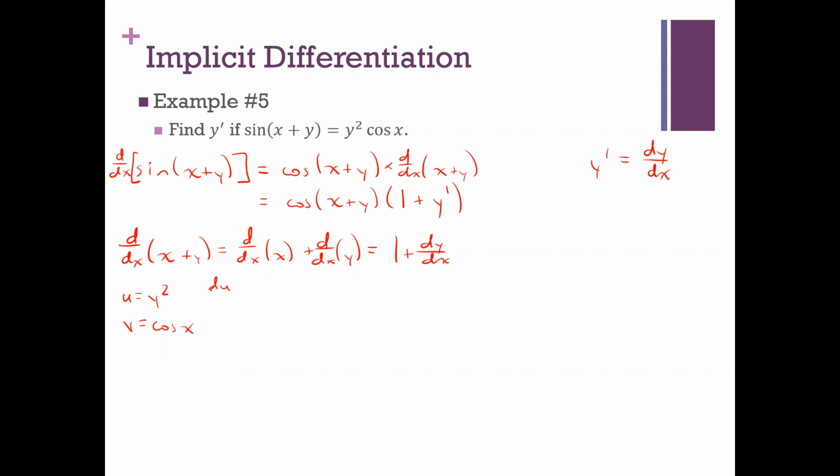So then what is du dx? 2y times y prime. The outside function is that squaring, so 2y. And then I'm differentiating y with respect to x, so I need to include that dy dx term, or y prime. All right, then what's dv dx? Negative sine x. So those are all the ingredients we need.